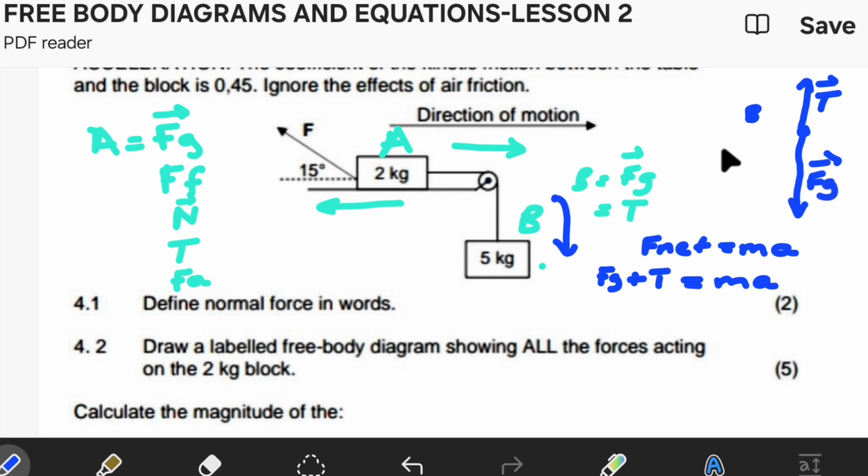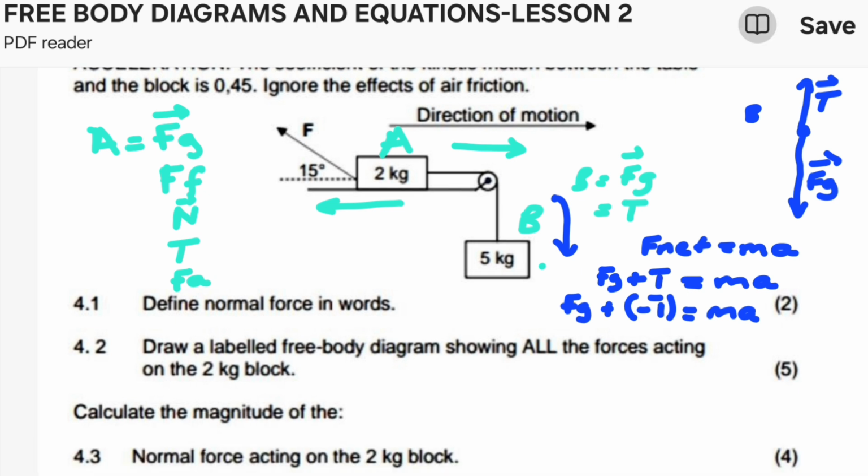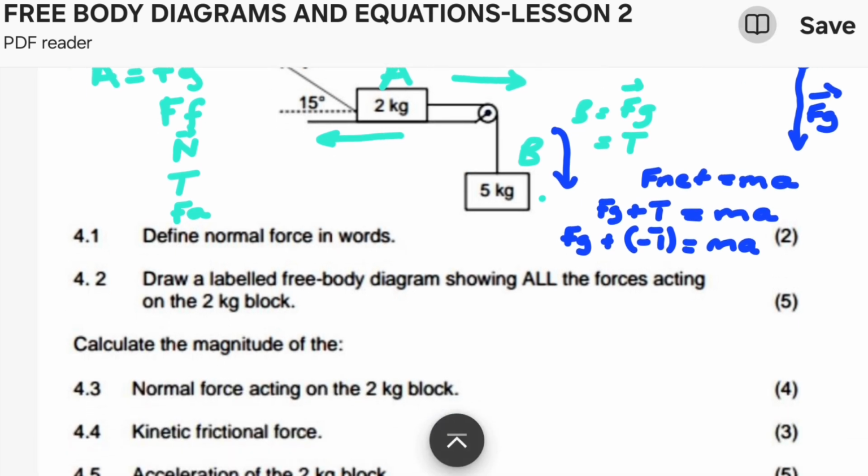In terms of direction, mostly we take the direction of motion as the positive direction. So our tension will be negative and our Fg will be positive. This gives us Fg plus minus tension is equal to mass times acceleration. That is all about block B.